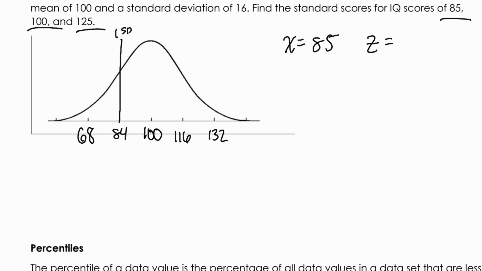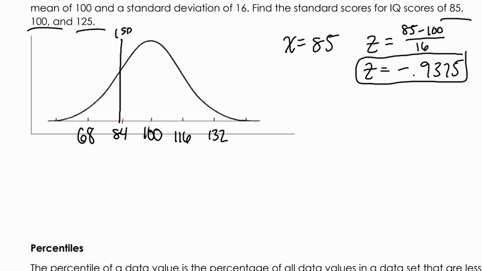I'm going to take my raw score, which is 85, subtract my mean, and divide by my standard deviation, which is 16. When I do that, I get Z is -0.9375.